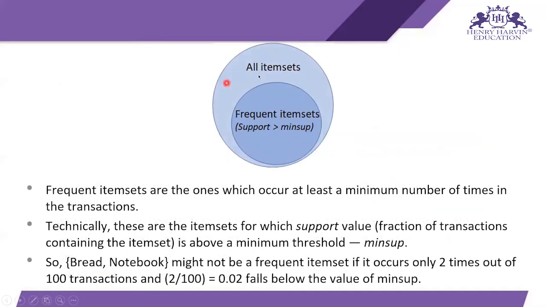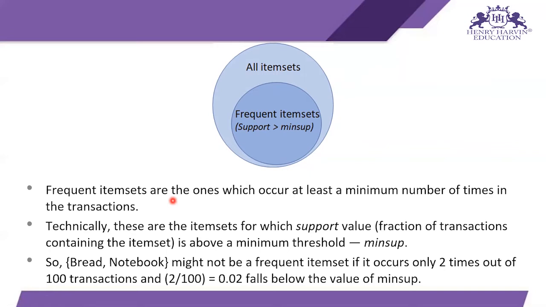These are all the item sets, and from them we try to figure out the frequent item sets by calculating support greater than minimum support, that is, the threshold value. Where we get a support value more than the minimum support, we call those frequent items. Frequent items are the ones which occur at least a minimum number of times in the transactions.